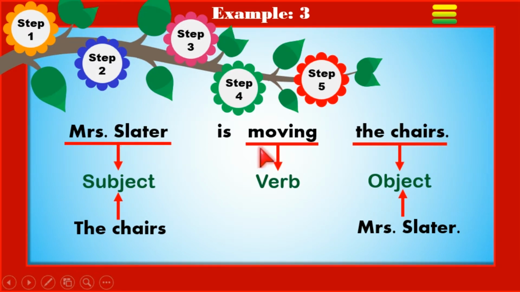Mrs. Slater is moving the chairs. So, is moving. This is a continuous tense. Which continuous? Present continuous tense. So, you know the structure of present continuous tense: subject plus is, are or am plus the ing form of the verb plus object.